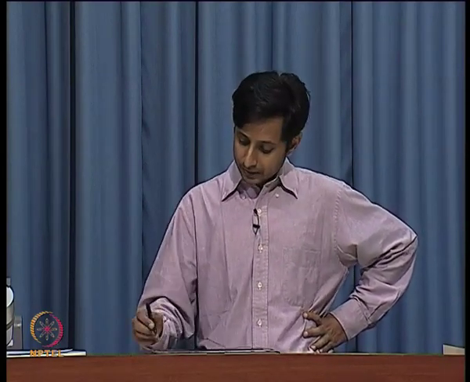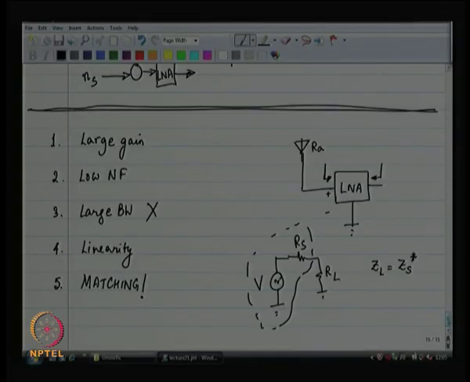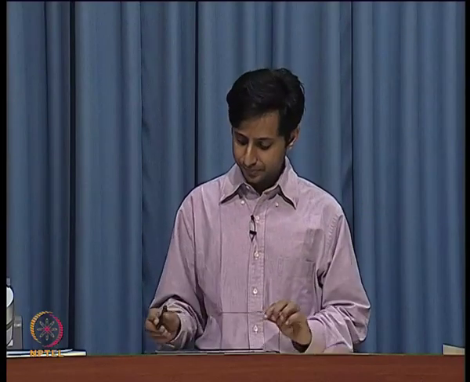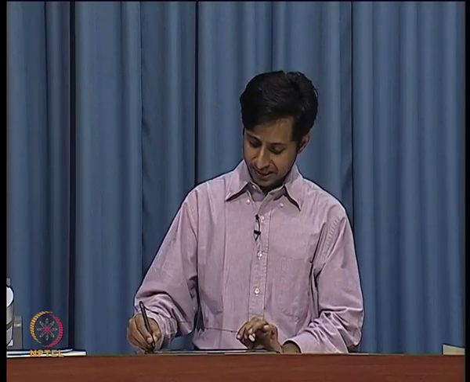If I can make RS as small as possible, then I can get highest possible gain given a load. So, in that sense it is not really clear that you have to do the output matching over there. Output matching will be necessary to conserve the shape of the signal in any case, right.